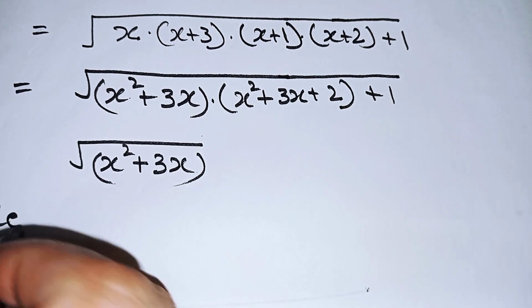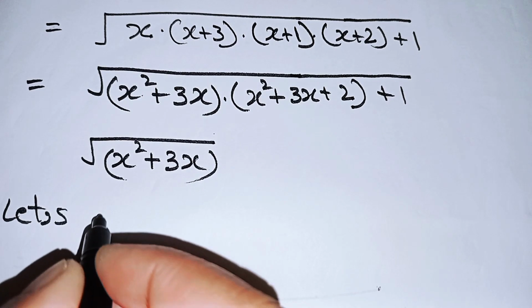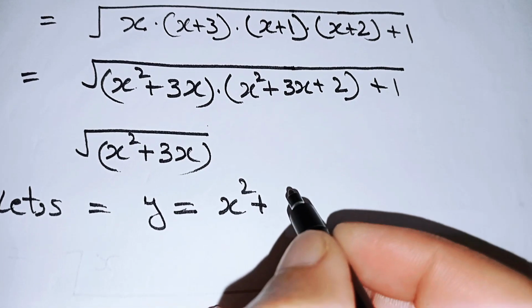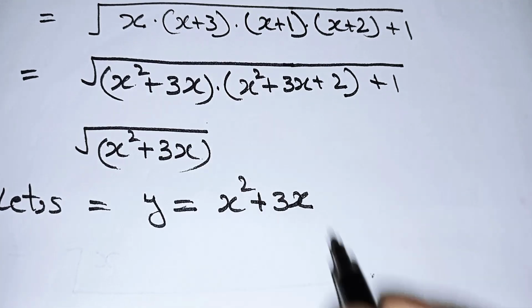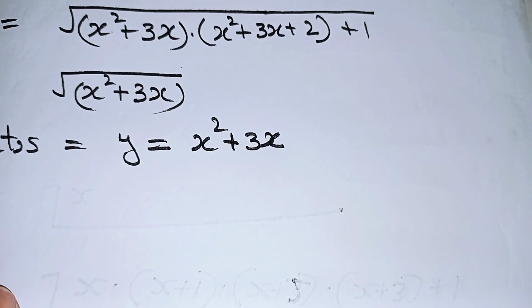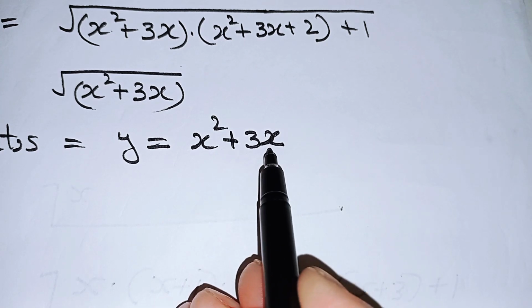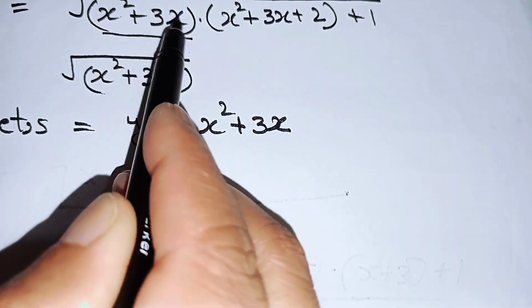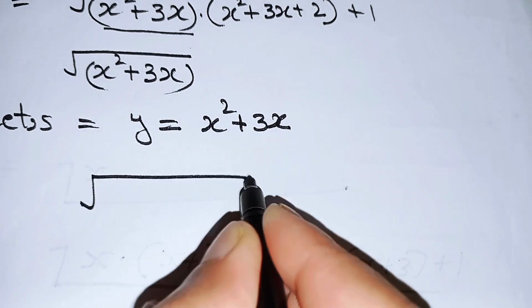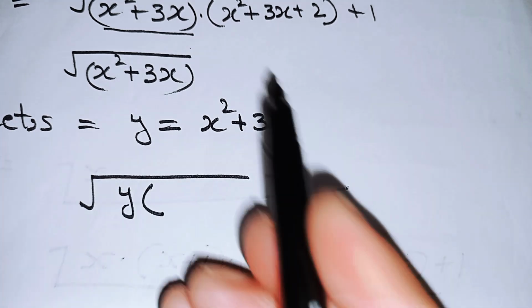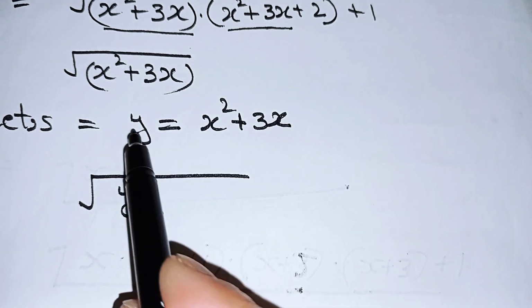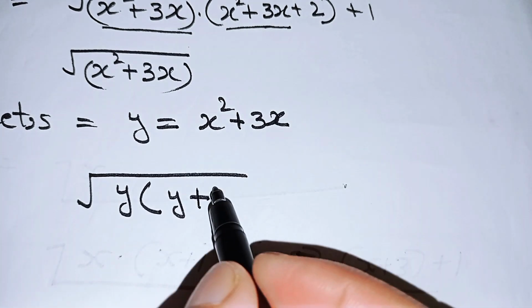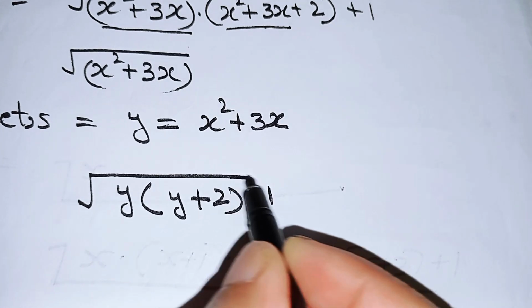So let y be equal to x square plus 3x, and we put the value of x square plus 3x as y, and plus this 2 and then this 1 plus 1.